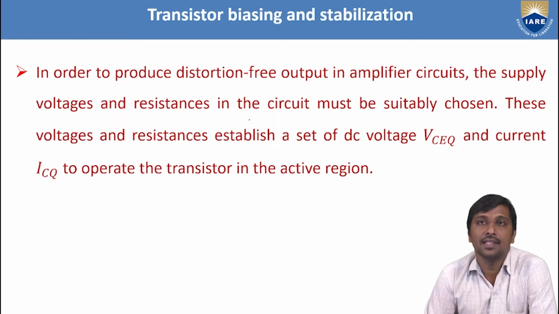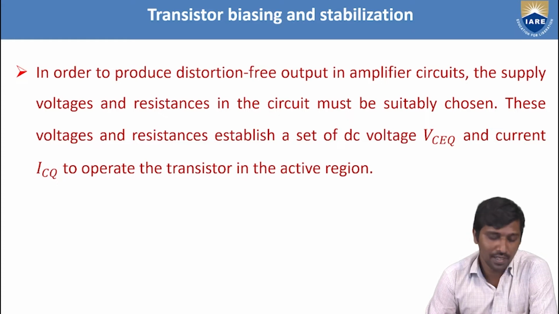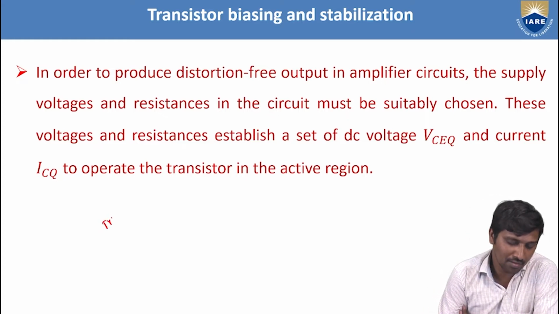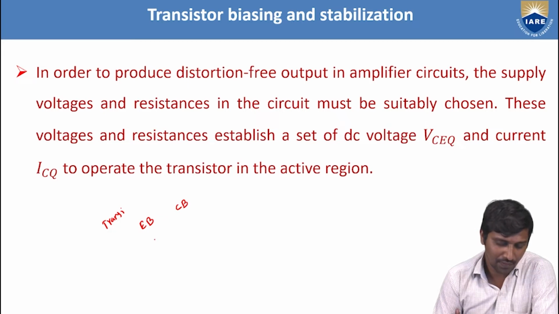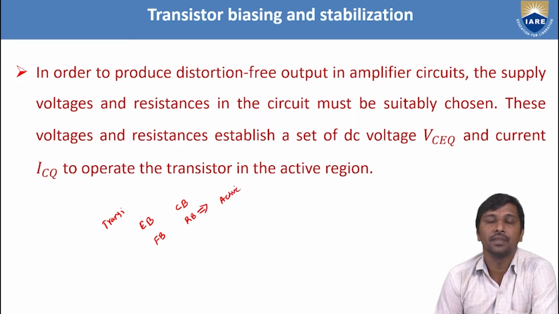The transistor has two junctions: one is the emitter-base junction, another is the collector-base junction. If the emitter-base junction is forward biased and the collector-base junction is reverse biased, then we can say the mode of operation is the active region.